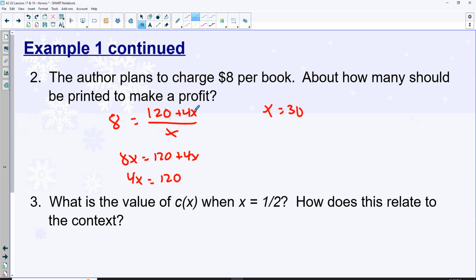What we want is to charge $8 per book. So we want this 8 to be greater than the actual cost of the book.